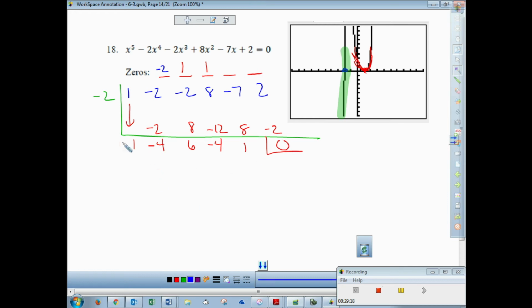That's now 4th degree. You got to knock it down again by using one of the roots, which was a 1. I love synthetic division. I'll tell you what, it's better than long division. I don't know if you remember doing that or not, but that was no fun. Synthetic division's the way to go.